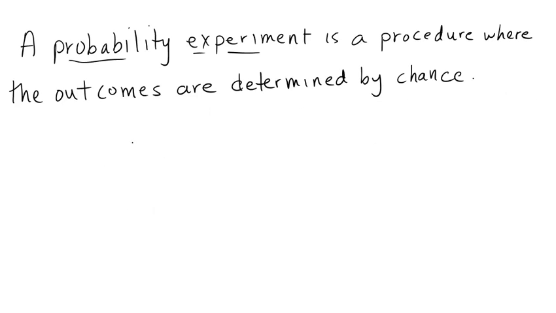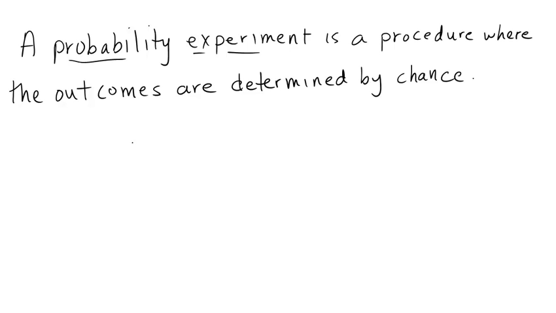We need to start with our process, which we call a probability experiment. A probability experiment is a procedure where the outcomes are determined by chance. So there's some sort of randomness involved in the outcomes of the experiment, of the procedure. That's what makes it a probability experiment.